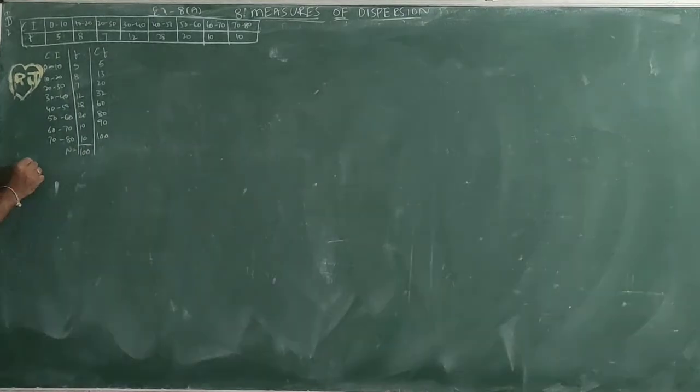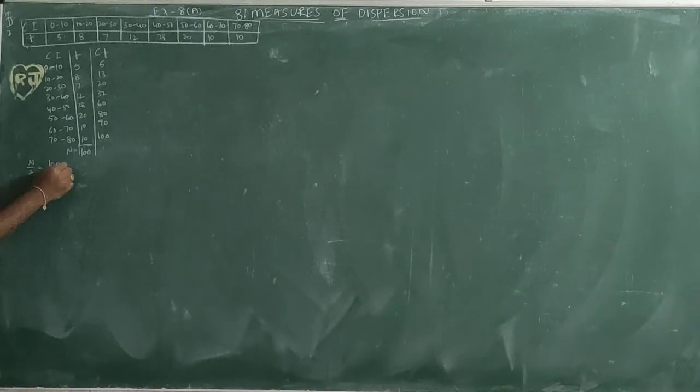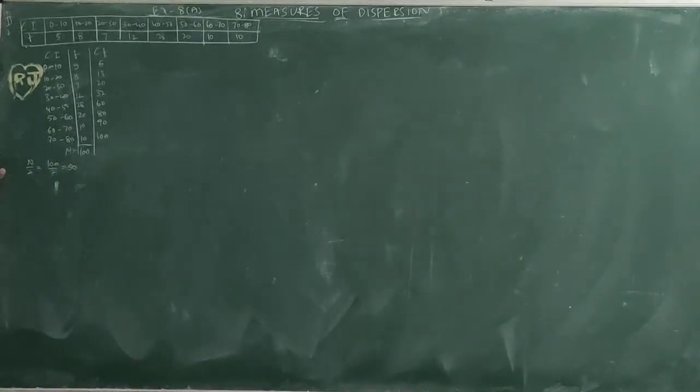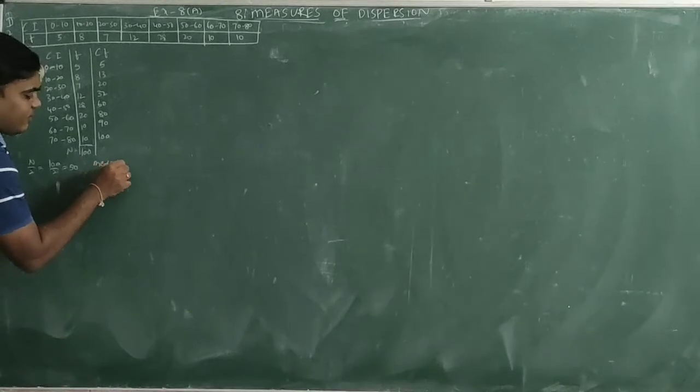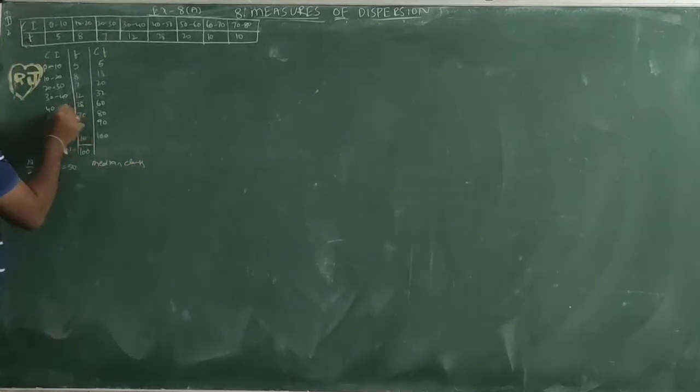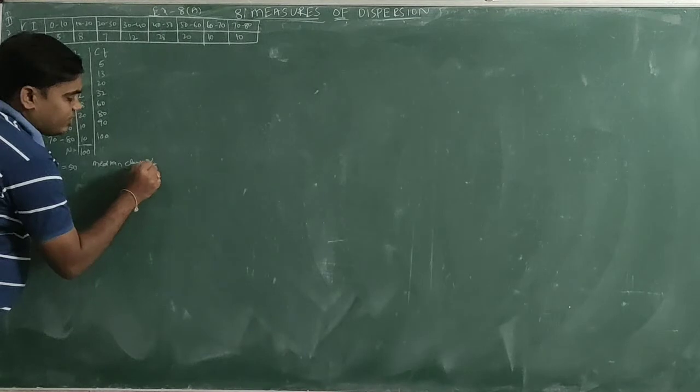To find the median, N by 2 is 100 by 2, which equals 50. Which cumulative frequency just crosses 50? It is 60, so the median class is 40 to 50.